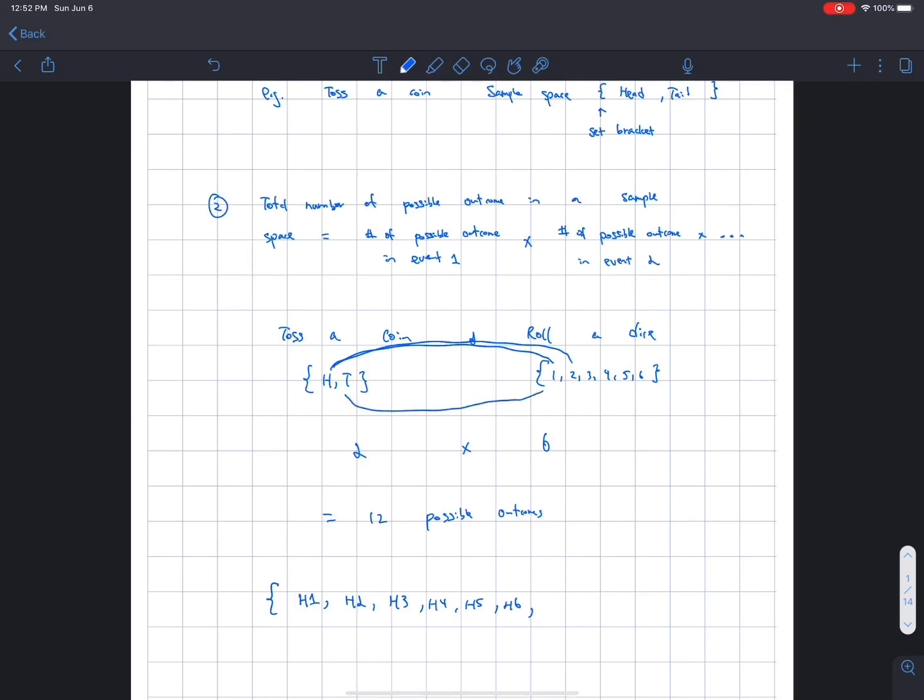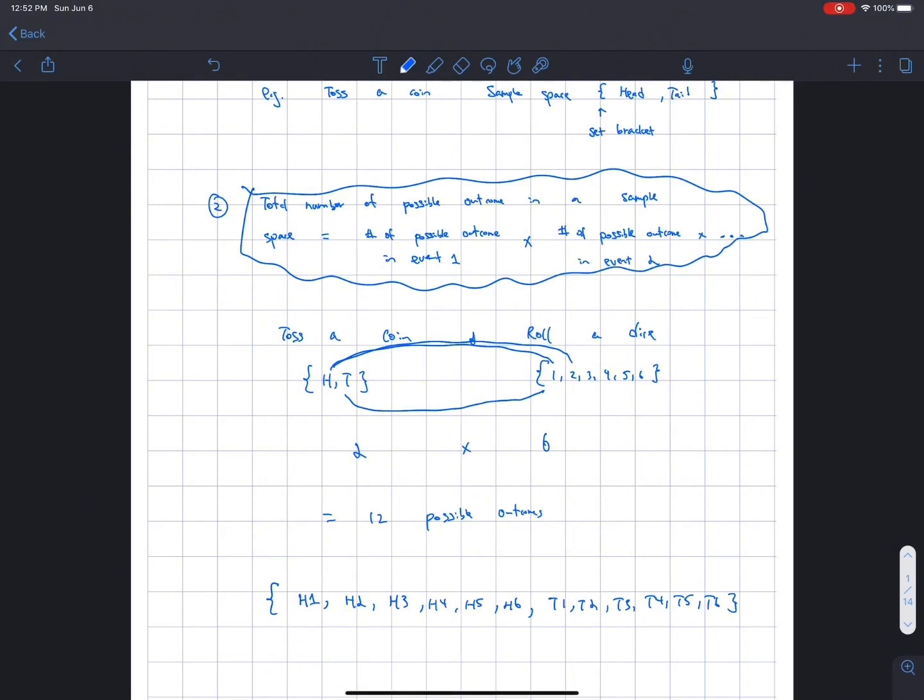You can also have tail and 1, and then tail 2, tail 3, tail 4, tail 5, and tail 6. Okay, so the key is you need to know the total number of possible outcomes in the sample space. You just need to ask yourself how many possible outcomes are there in each event, and then you just multiply them.